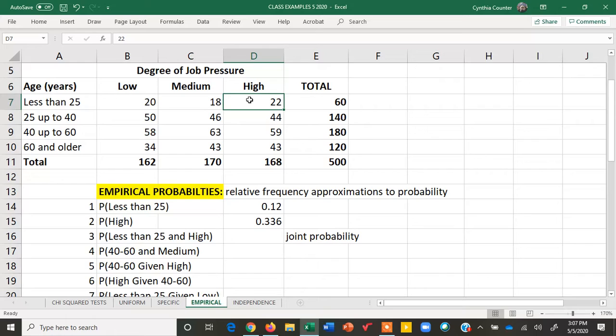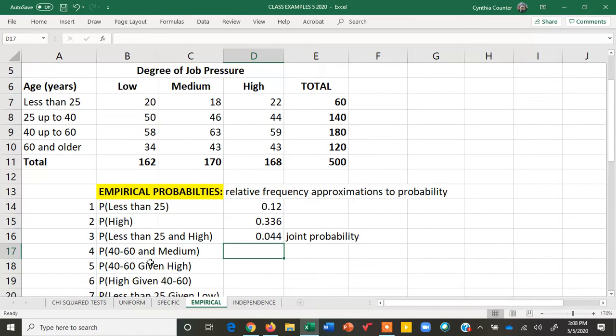So we're looking at this value here that is in both the row less than 25 and the column for high. So less than 25 and high are 22 individuals out of the 500. 0.044, and that is referred to as a joint probability.